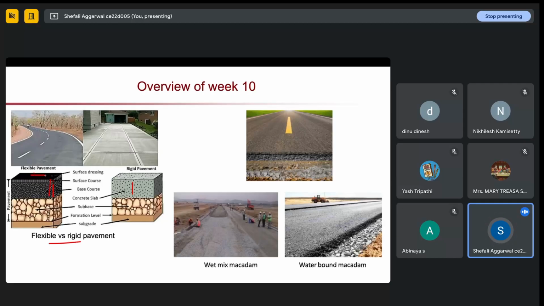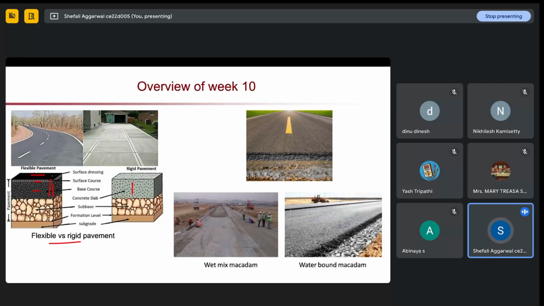Normally in India we use charcoal as a surface dressing. The base course will be aggregate and asphalt, and the surface course will be mostly asphalt or bituminous.